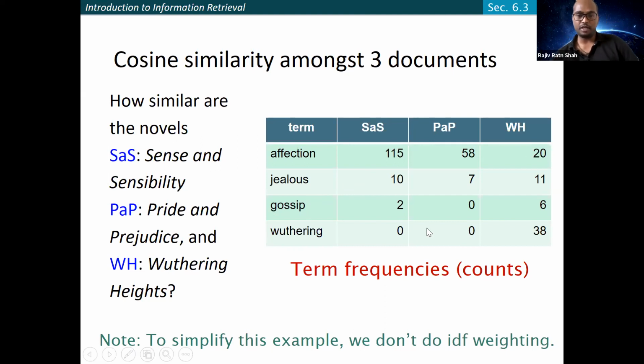Just to simplify, in this example that we are going to discuss, we don't do IDF weighting, just for simplification, not because we shouldn't. Ideally, in the real case you often compute the IDF as well.